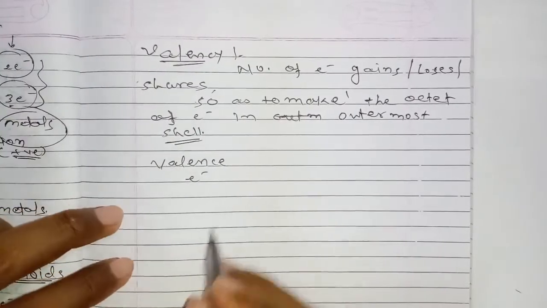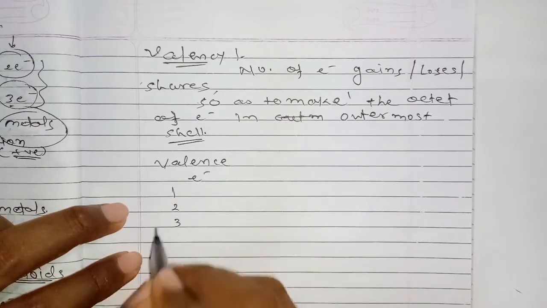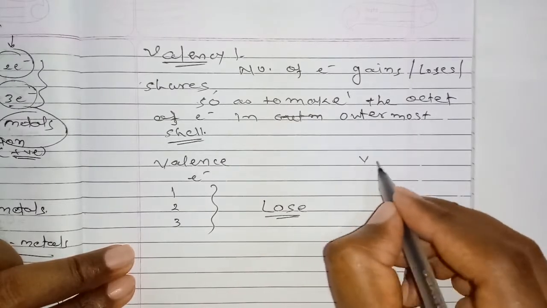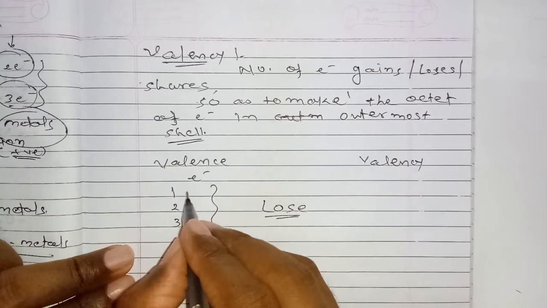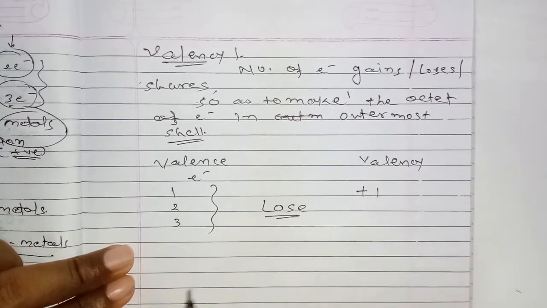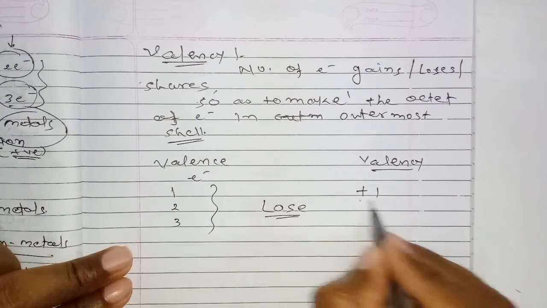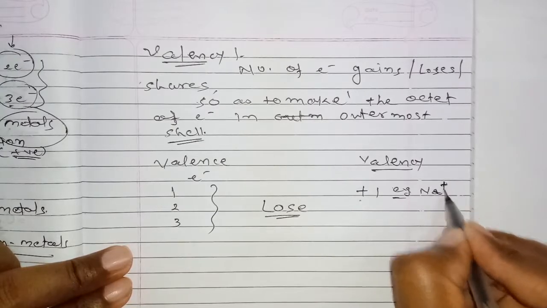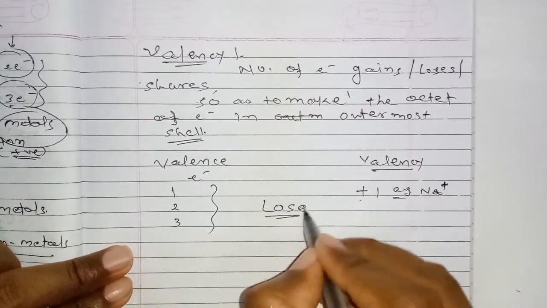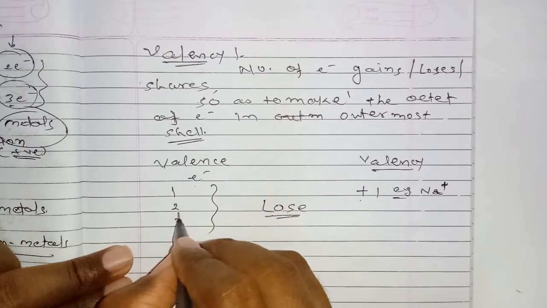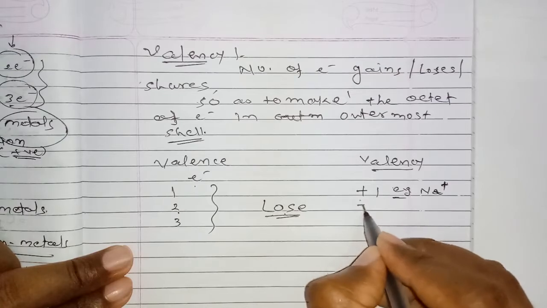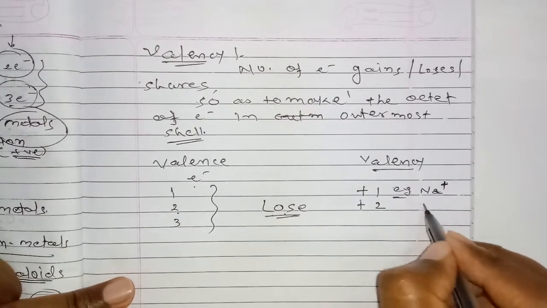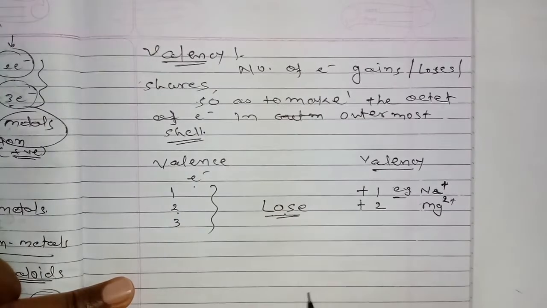If there are 1, 2 or 3 valence electrons, the atom loses them. With one valence electron it loses one electron and its valency is plus 1, for example sodium, Na plus. With two valence electrons it loses two electrons and its valency is plus 2, for example Mg2 plus.